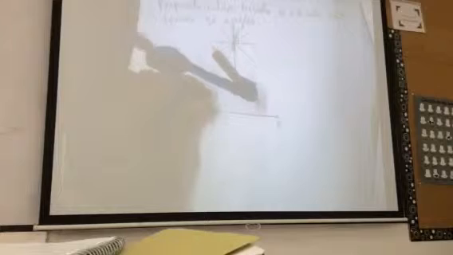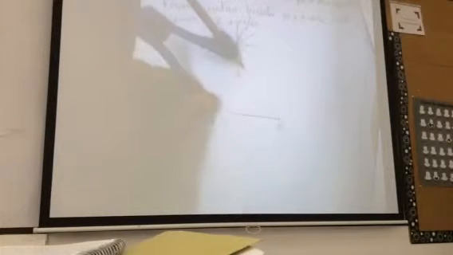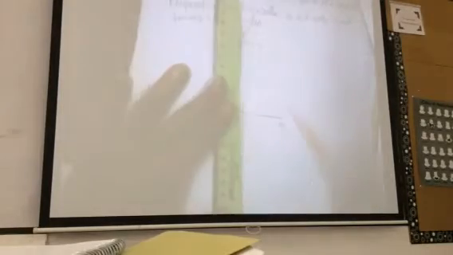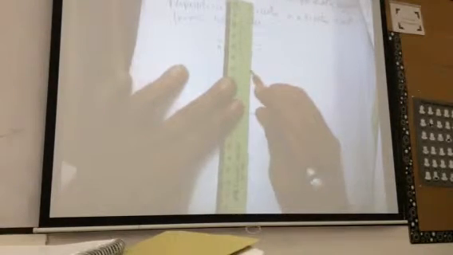Then, without moving the compass, you go to endpoint A and you do exactly the same. An arc here and an arc there. And where they meet, you join the 2 points. And you have a perpendicular bisector.